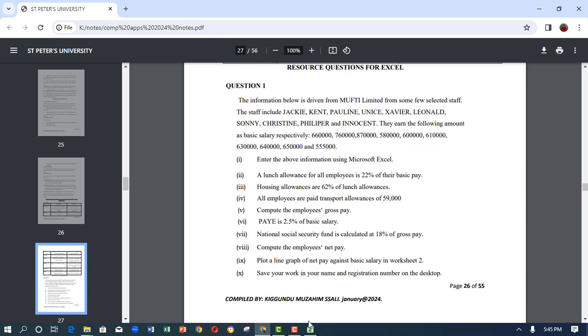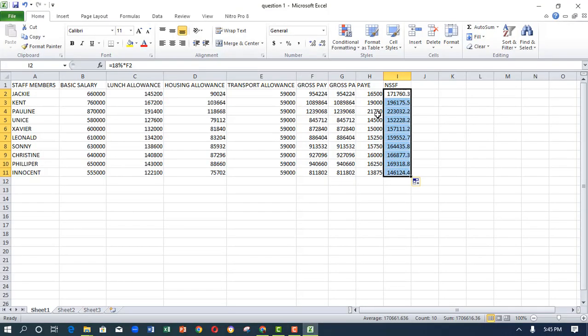We have two forms of taxes here, pay and NSSF. We are going to consider those two as our taxes. So to calculate our net pay, we are going to get the sum of pay and NSSF, and then deduct it from the basic salary.